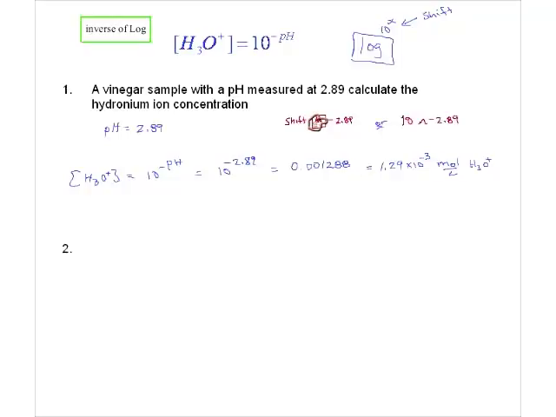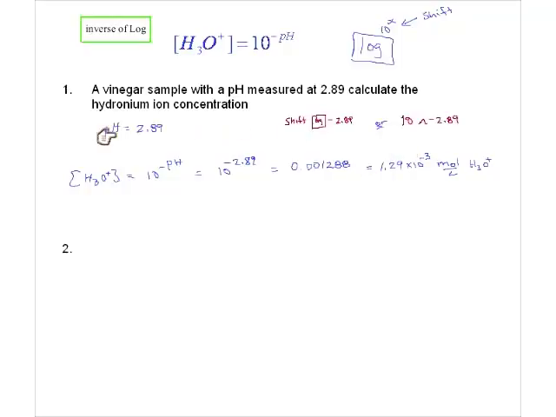But don't forget the negative, or if you're doing this, shift log 10 to the power negative 2.89. You punch this in your calculator, and lo and behold, don't forget the negative sign, and we get 1.288 times 10 to the minus 3. Now, could I predict that that value was going to be to the power minus 3?